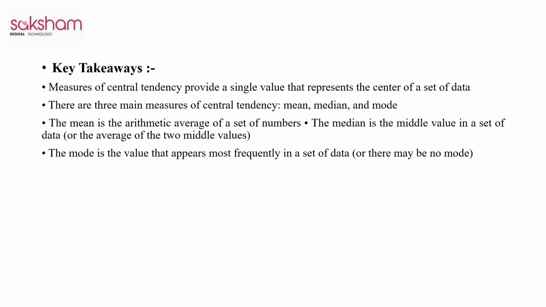The mean is the arithmetic average of a set of numbers. We already solved this with an example. The median is the middle value in a set of data. And the mode is the value that appears most frequently in a set of data, or there may be no mode.